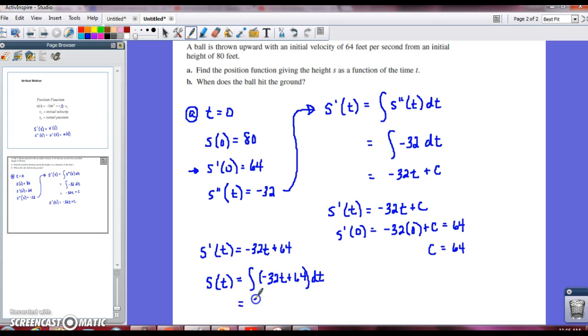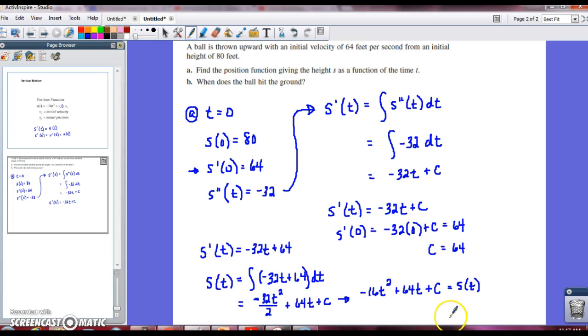And that would give you negative 32t squared over 2 plus 64t plus c, which would then give you negative 16t squared plus 64t plus c. And that's going to be our position function.